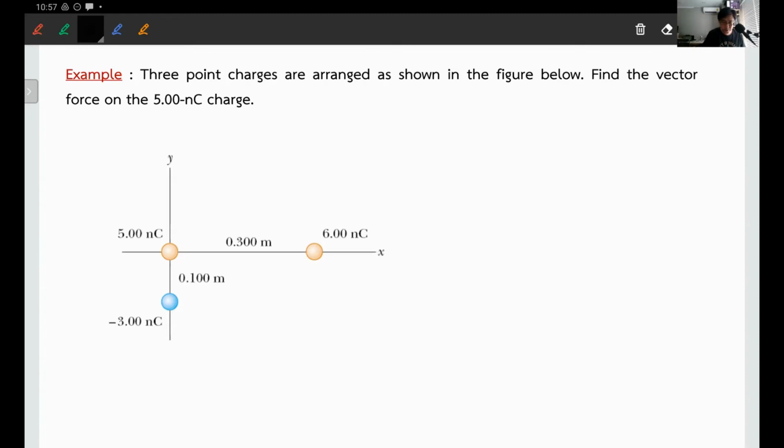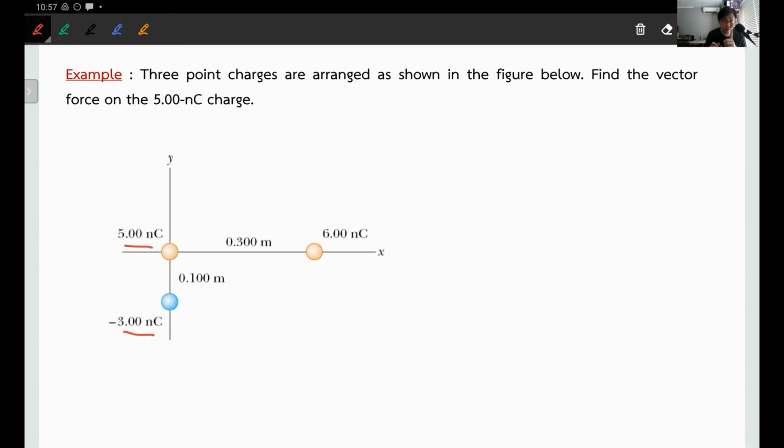Okay, let's do this. First, we want the force between charges. That means you always have to consider a pair of charges at a time. So let's start from the 5 nanocoulomb and the negative 3 pair. These two are opposite in charge, so they're going to exert an attractive force.